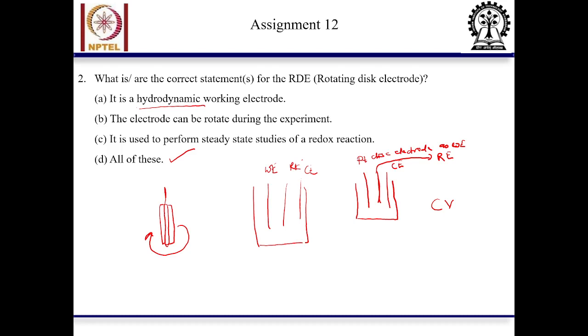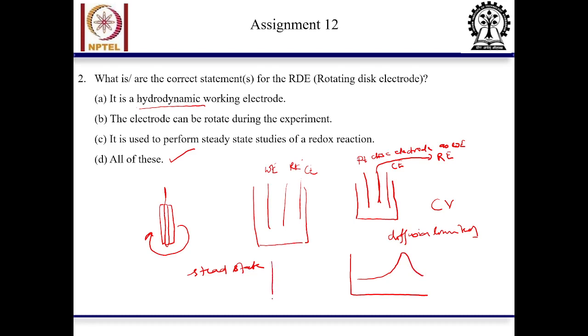Now in CV, we have diffusion limited current, right? Here, we have a steady state. A continuous flow of electrolyte from the solution will go to the working electrode. In CV, the curve goes to a maximum Ip and then drops.